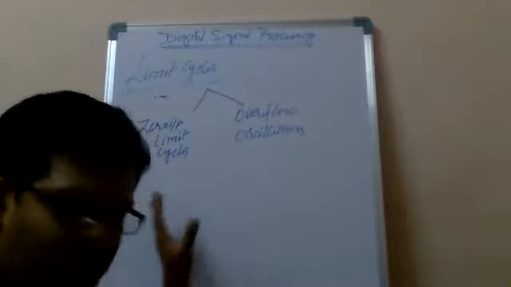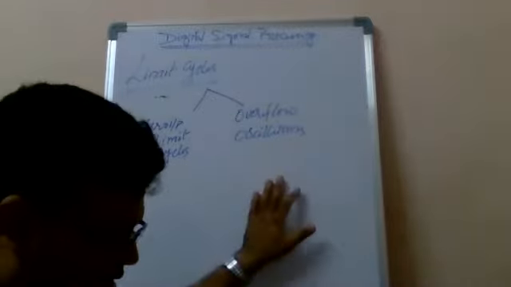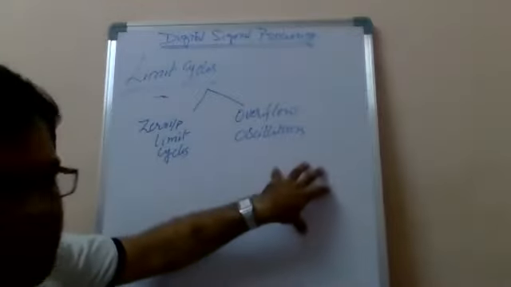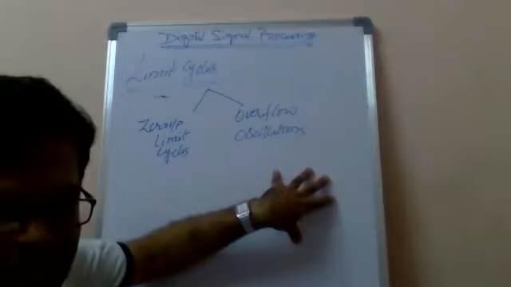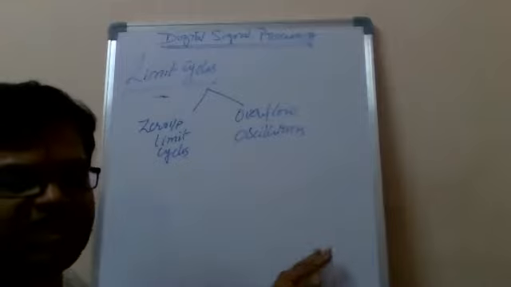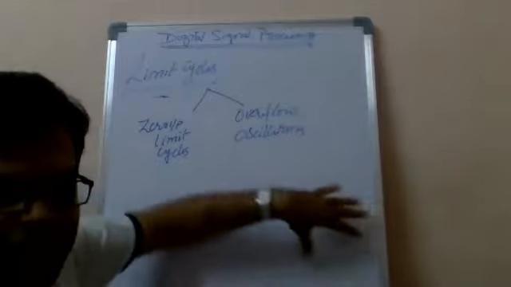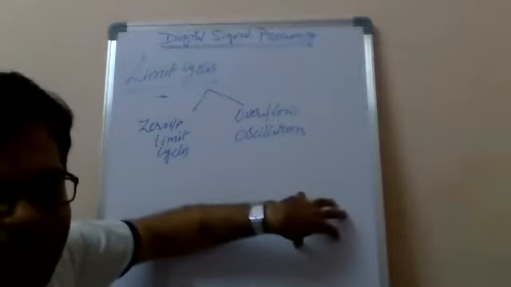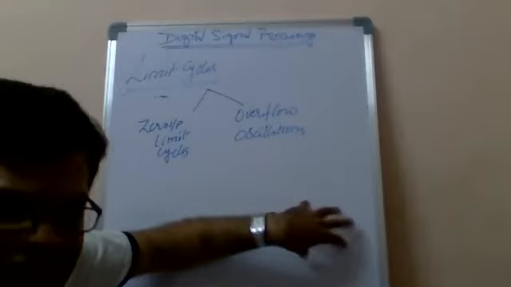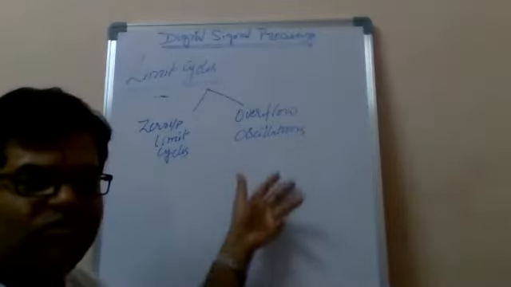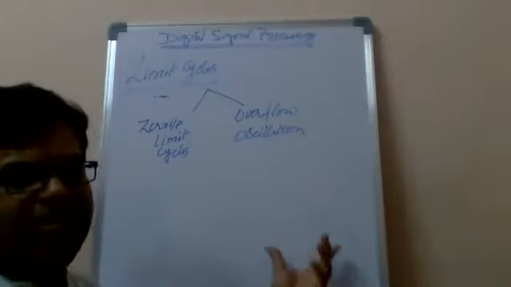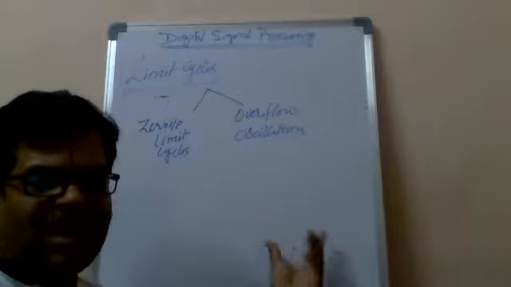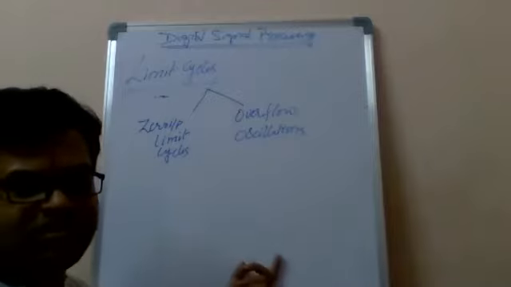Now, why do these overflow oscillations occur? When you have two binary values that are to be added, the sum that you have taken may exceed your register length. Initially you have a register of a particular length into which you have to store the output of the two digits that you have added, but unfortunately the sum exceeds the length of your register.